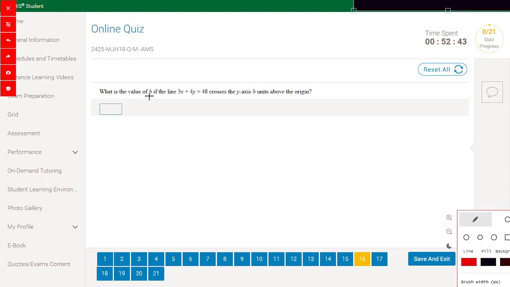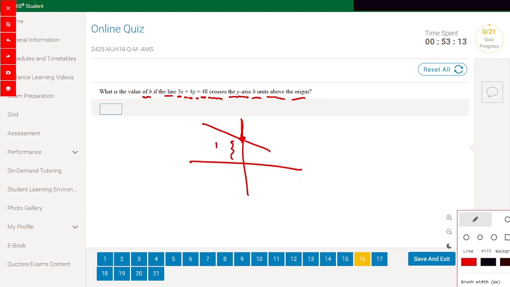Now, what is the value of b? If the line 3x plus 4y equals 48 crosses the y-axis b units above the origin. So here, you can see it crosses the y-axis. That means the line passes through the y-axis at a point, and here is the p.